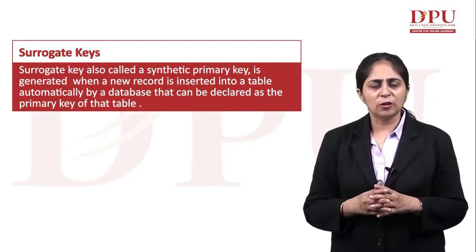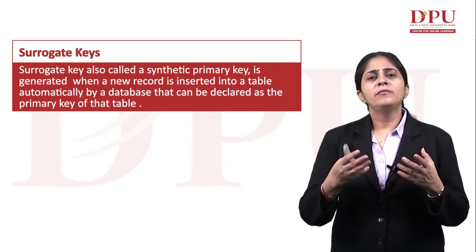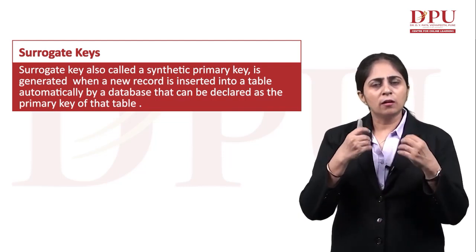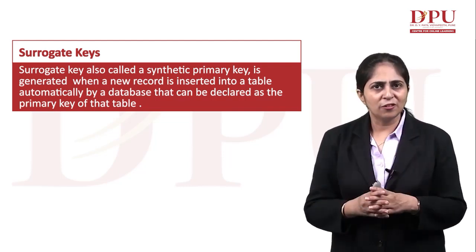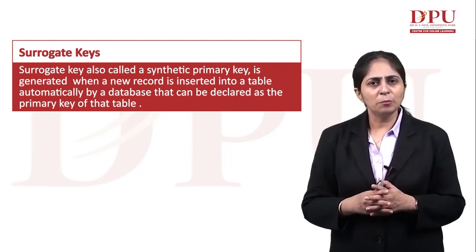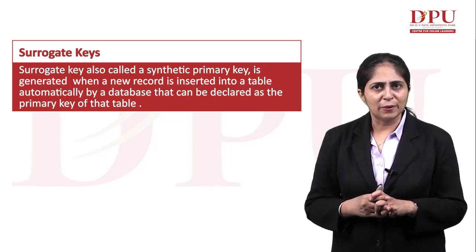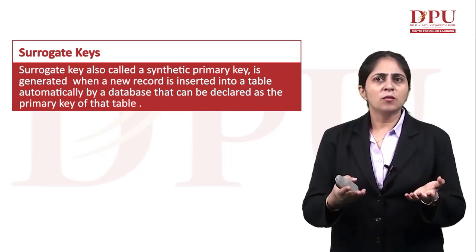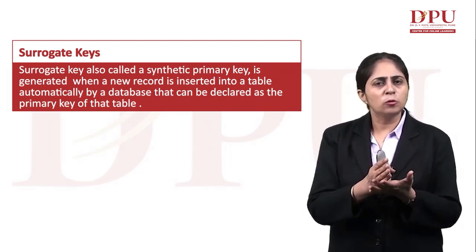Like we have a particular table and we do not have any particular primary key for that. So synthetic key, or we can say surrogate key, these are the same terms. It will be generated when a new record is inserted into a table.